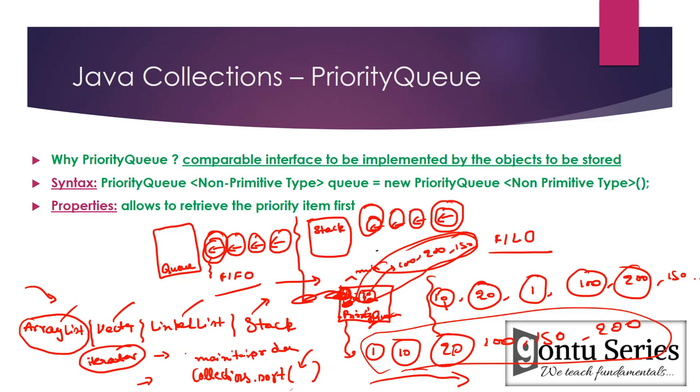So if you want to rearrange things in ascending order, you pass that particular Java collection object to that, and it's going to rearrange things.